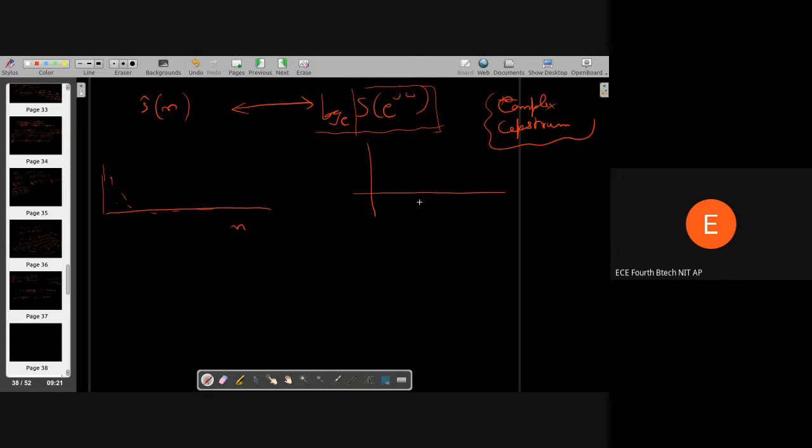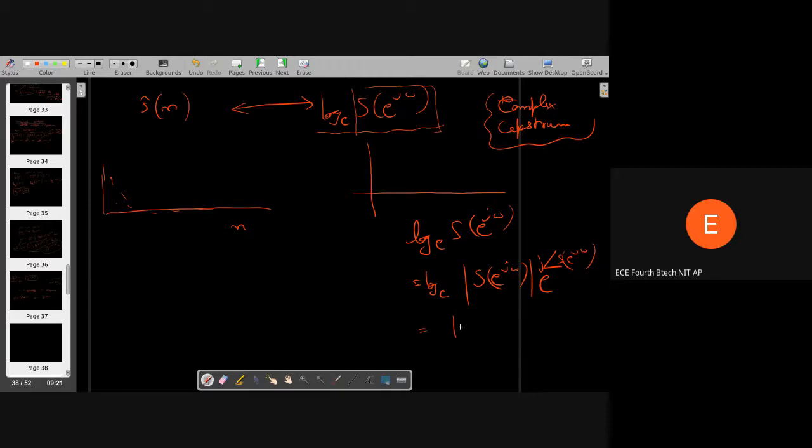You can write S e to the power j omega as magnitude times e to the power j angle, you know how to do this. So if you take log of this, what will you get?